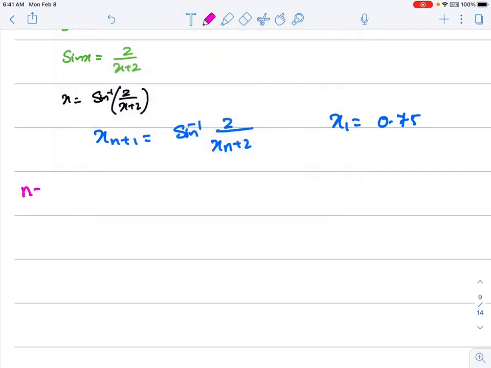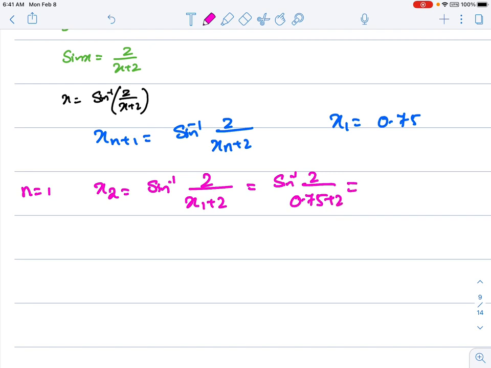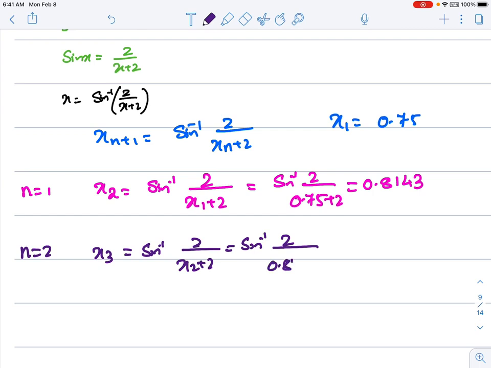So let us start. If I start with n equal to 1, I get x2 is equal to sine inverse 2 by x1 plus 2, so sine inverse 2 divided by 0.75 plus 2, which becomes, in 4 decimal places, 0.8143. Next, n is equal to 2, so x3 is equal to sine inverse 2 by x2 plus 2, which is sine inverse 2 by 0.8143 plus 2.